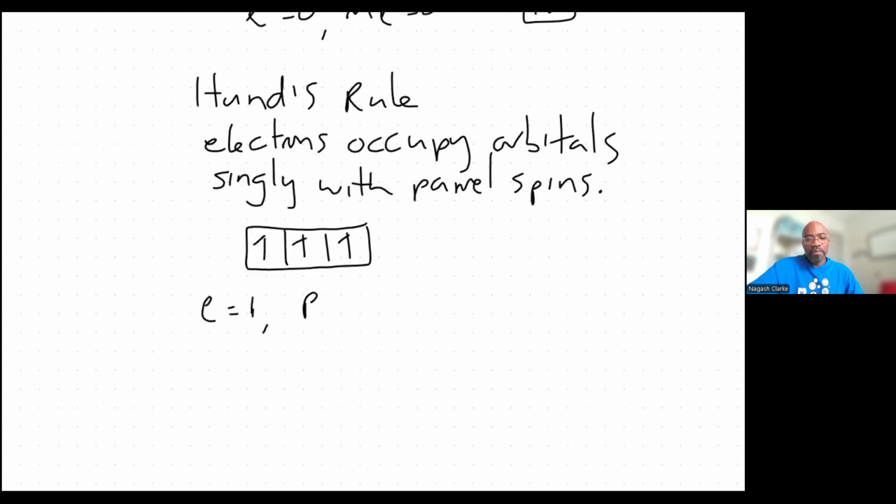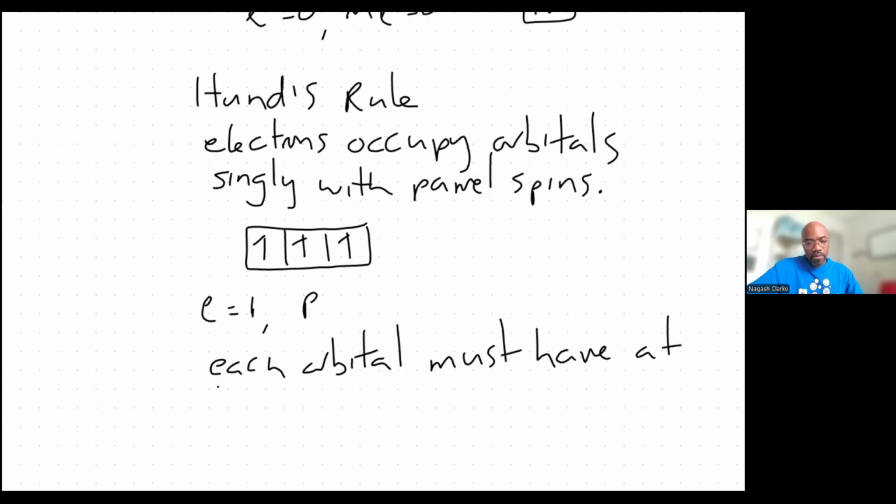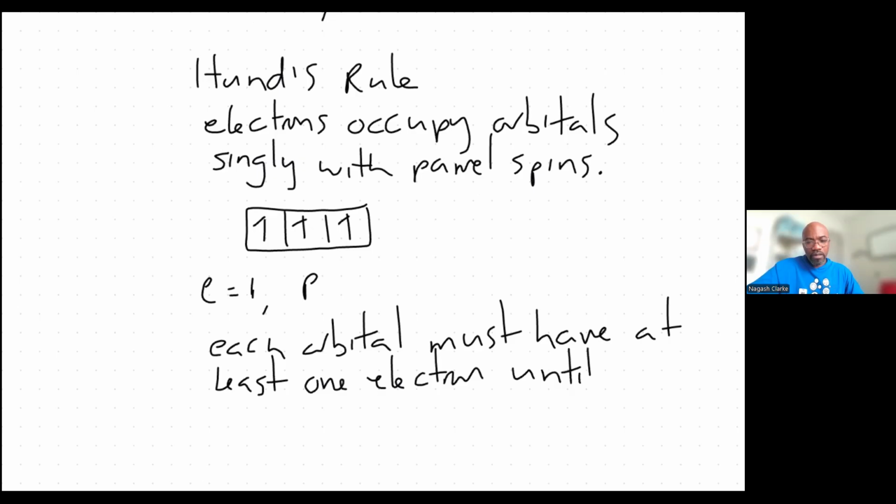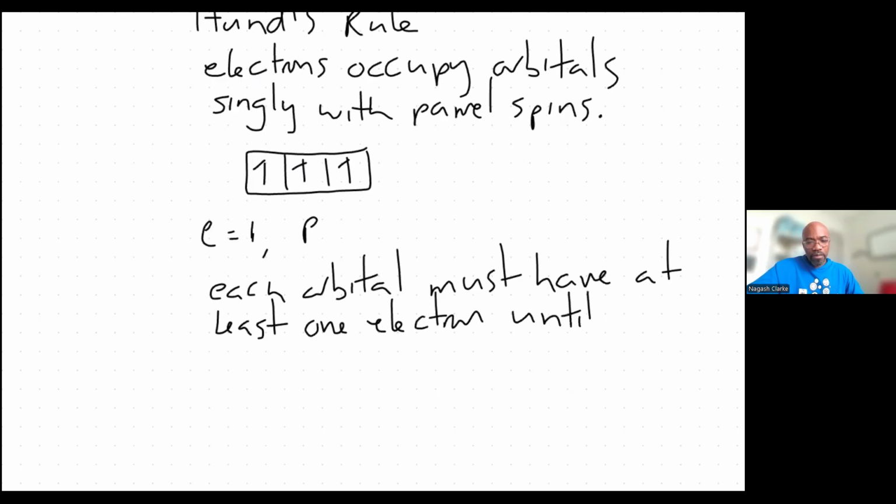Also, with Hund's rule, each orbital must have at least one electron before any are doubly occupied.